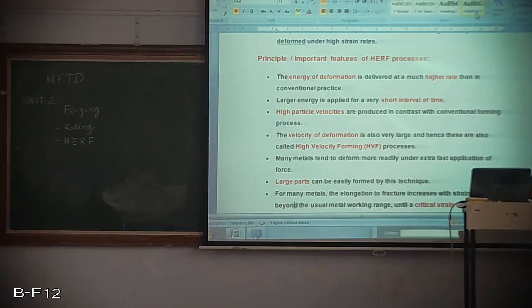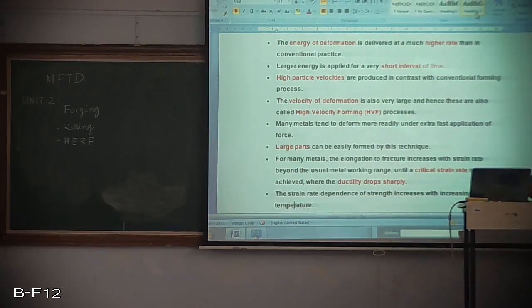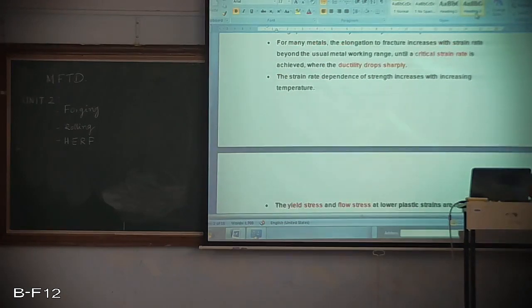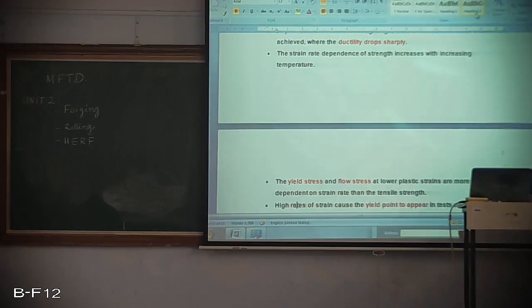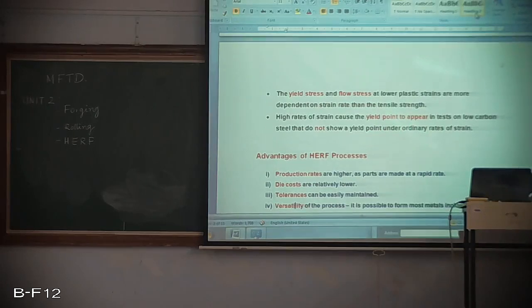And very large parts can be easily deformed in very less time. So these are some of the features of HERF processes or high energy rate forming processes.